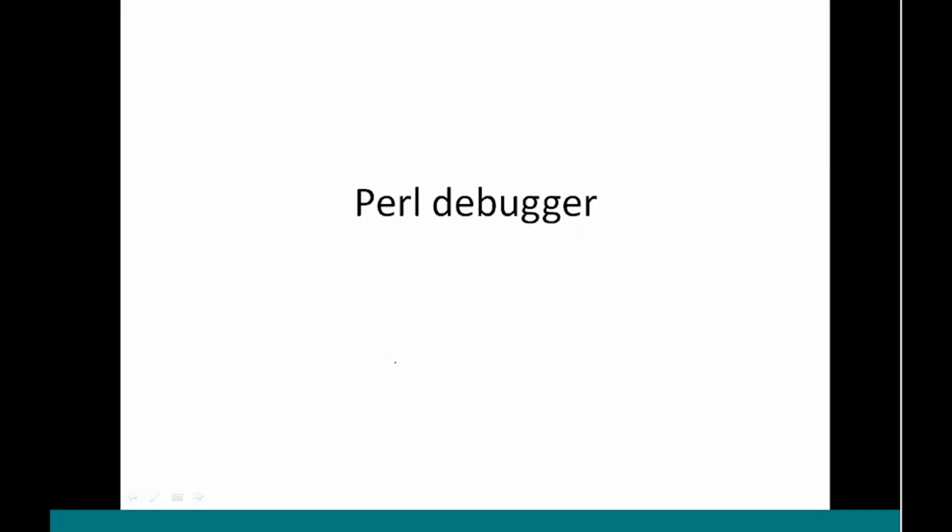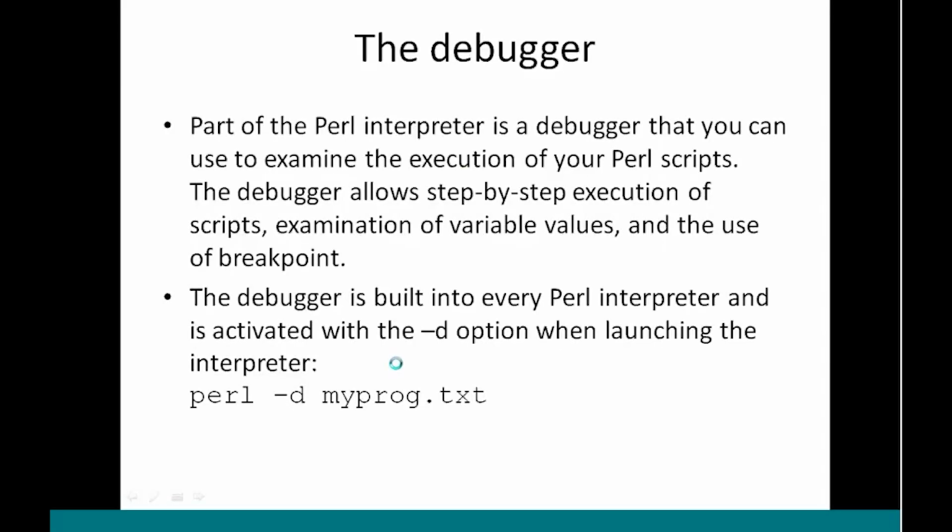Now let's talk about the Perl debugger. The Perl interpreter includes a debugger that you can use to examine the execution of Perl scripts. The debugger allows step-by-step execution of scripts, examination of variable values, and the use of breakpoints.